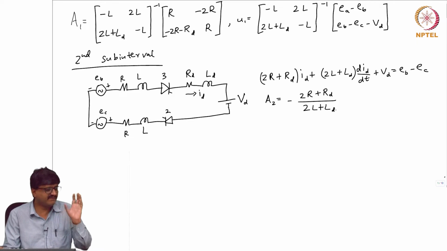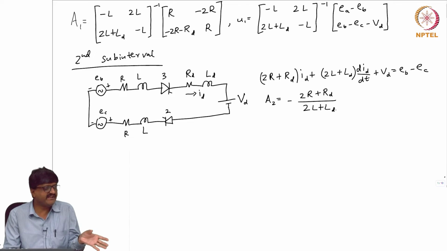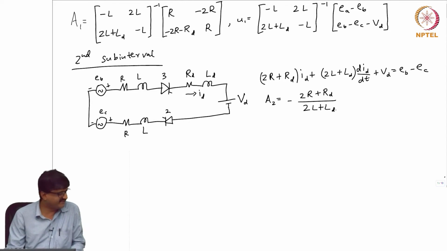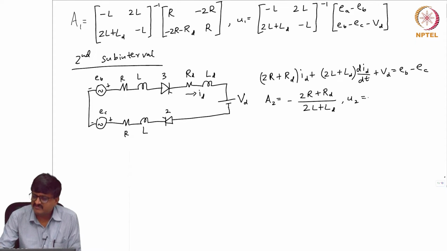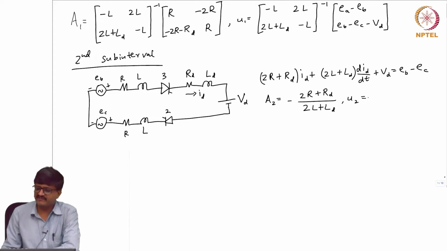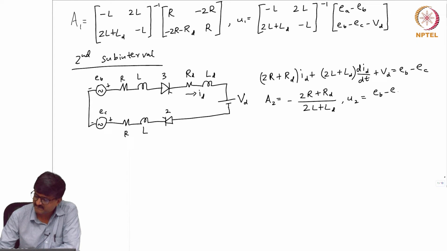The standard form is the derivative of the state variable, that is dID by dt, on the left hand side, rest of the terms on the right hand side. And U2 is just the remaining term on the right hand side. So, that is EB minus EC minus VD divided by 2L plus LD.